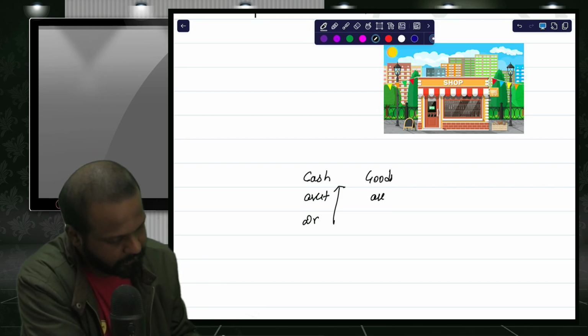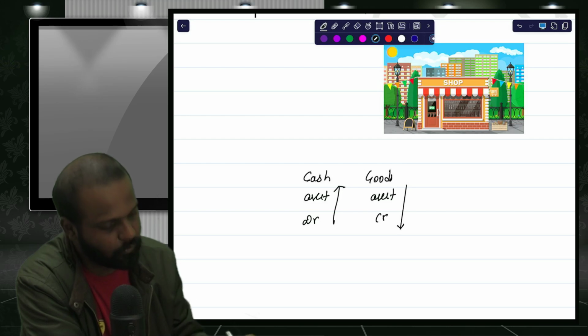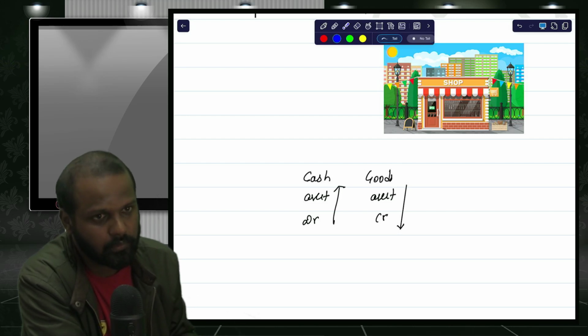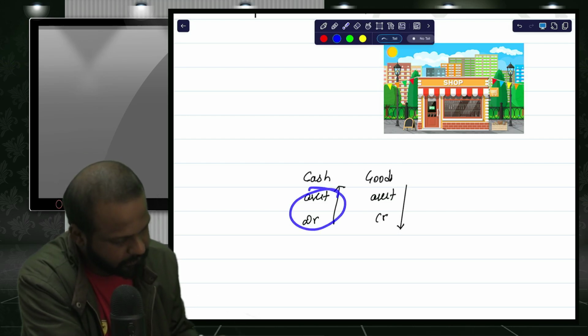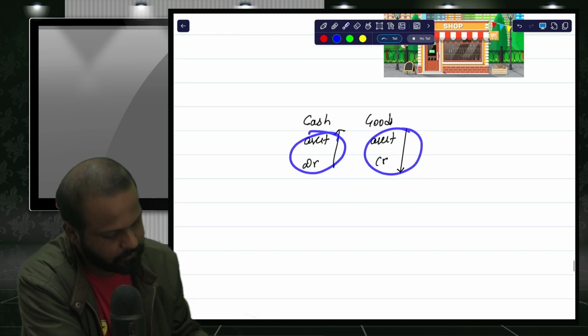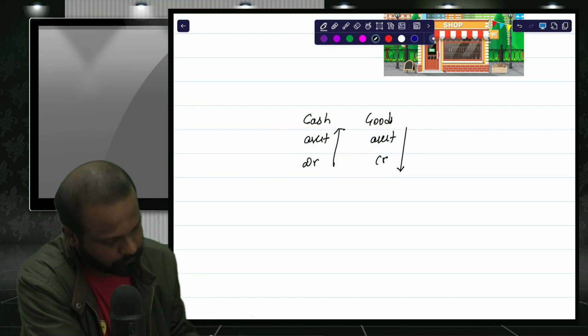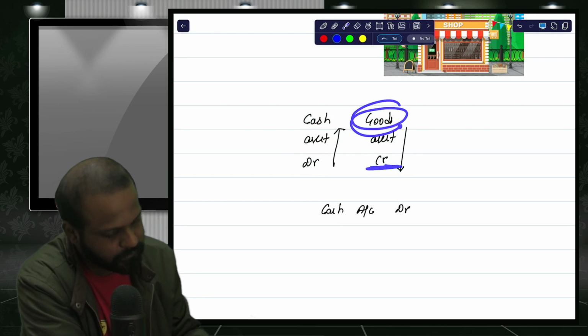Goods is also an asset. Goods goes out, goods decreases. Asset decreases, we do credit. So asset increases debit, asset decreases credit. So debit will be cash and credit will be goods.